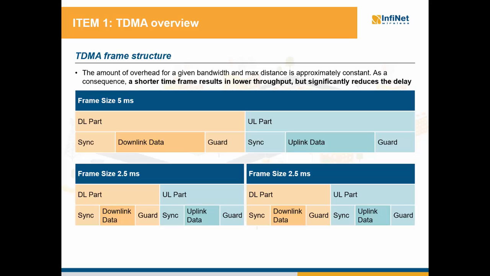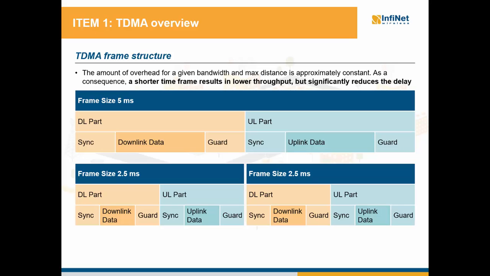For this reason, it can be seen that reducing the time frame from 5 milliseconds to 2.5 milliseconds significantly decreases the amount of useful data that can be transmitted in the time frame. The capacity is reduced by less than half in this case, and on the other hand, of course, the advantage is that latency is reduced to a half.